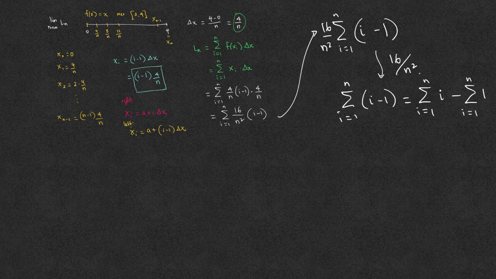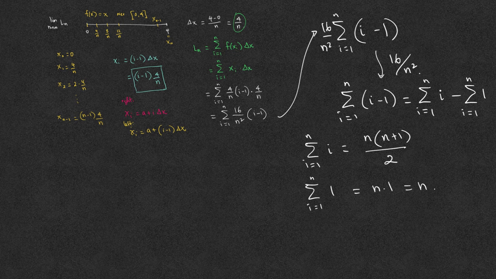We know that the sum of the first n integers, which is the sum of i from 1 to n, is n times n plus 1 over 2. And the sum of 1 being added n times is n times 1, or simply n.